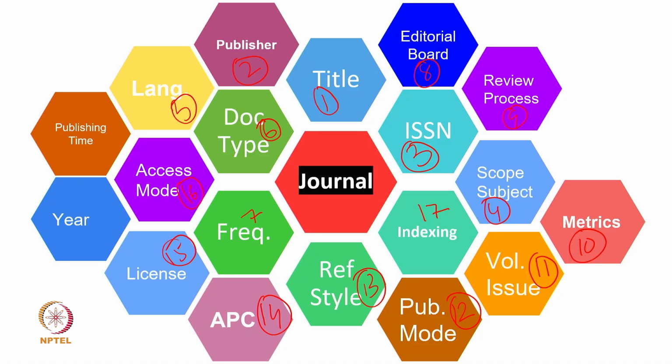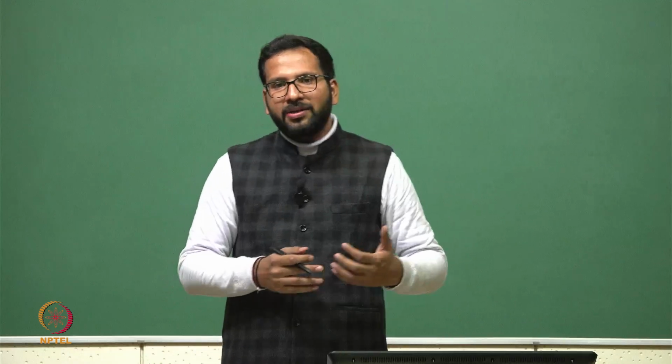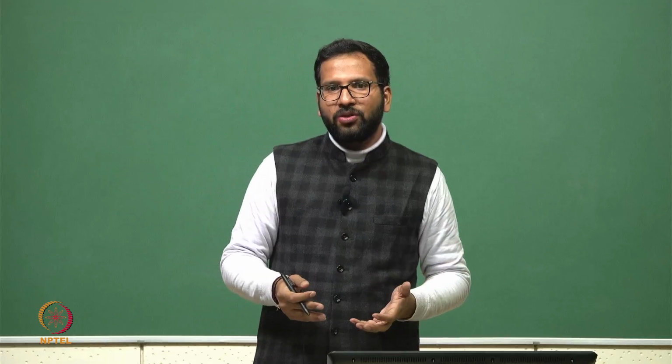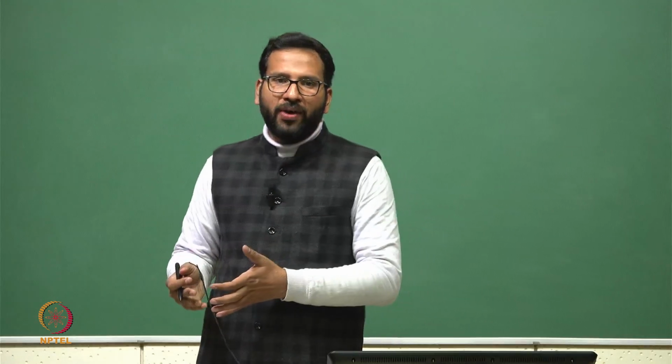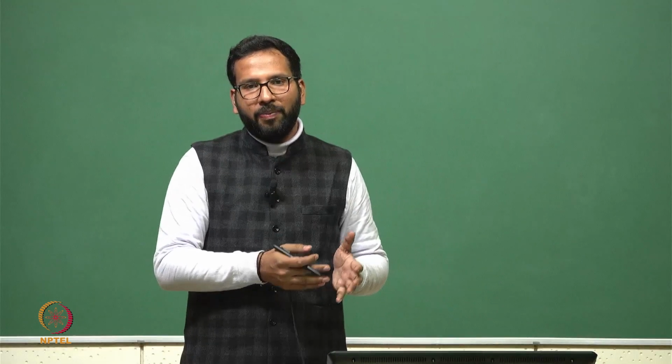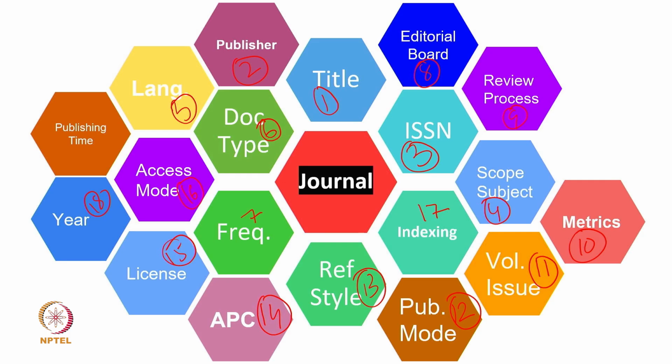So the next attribute is year. Year is basically an attribute that gives the idea of when the journal started. It is also important, because some journals which started, for example, in 2000, were indexed in Scopus only from the year 2005. So the journal started its journey with publication from the year 2000, but indexing started in the year 2005.